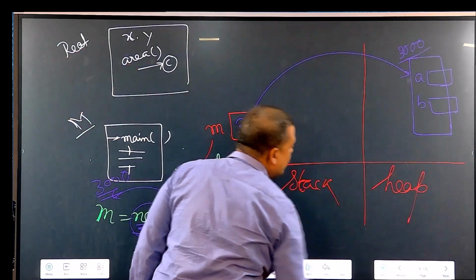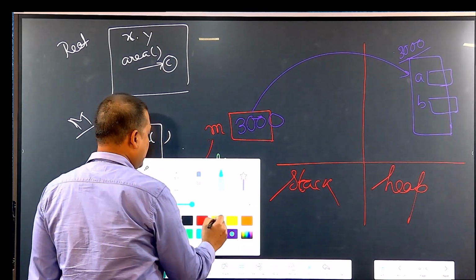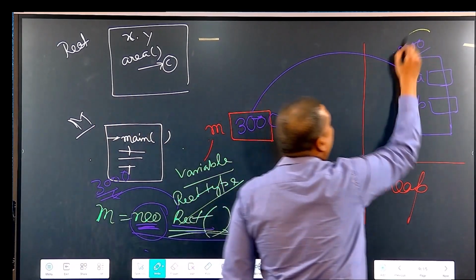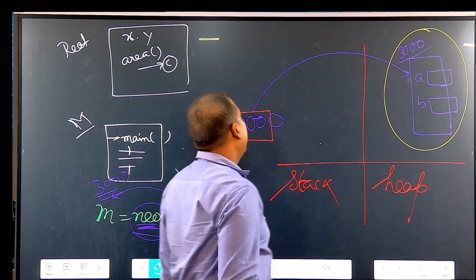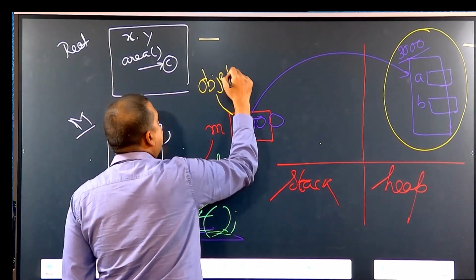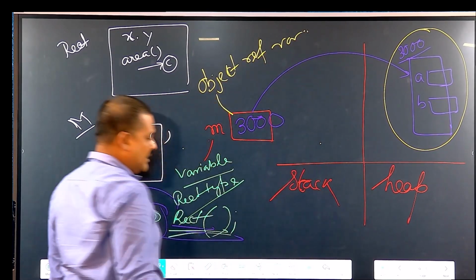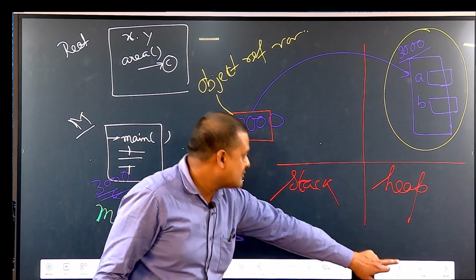So, here this is the object, and this is the object reference variable.